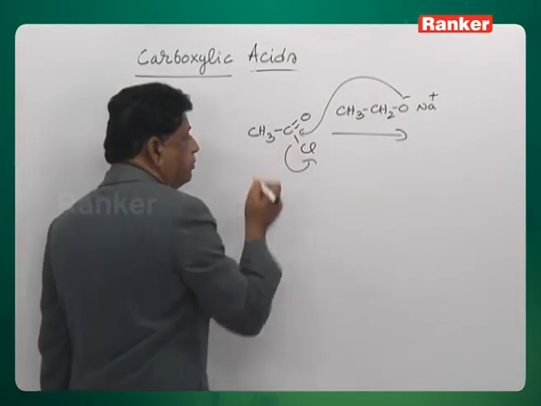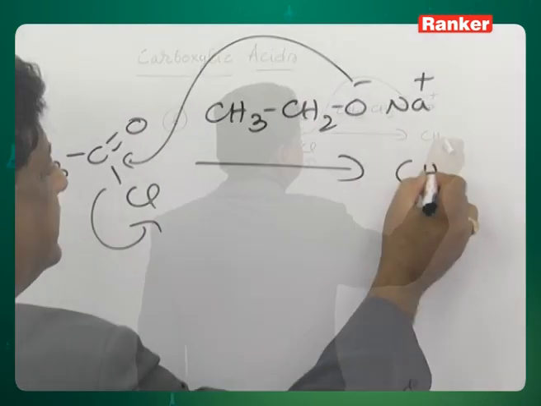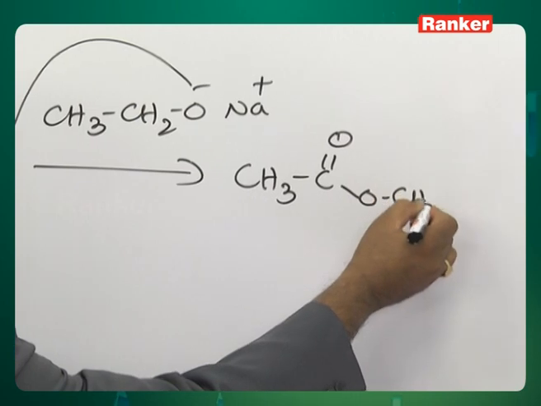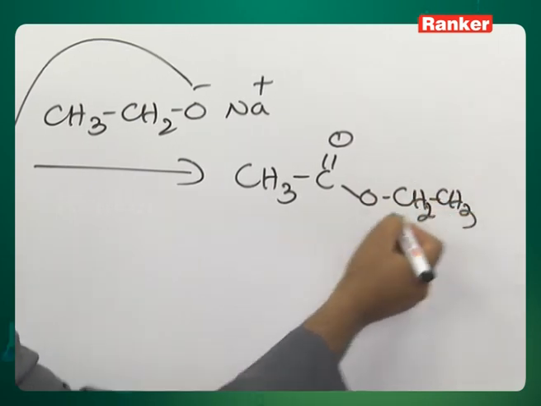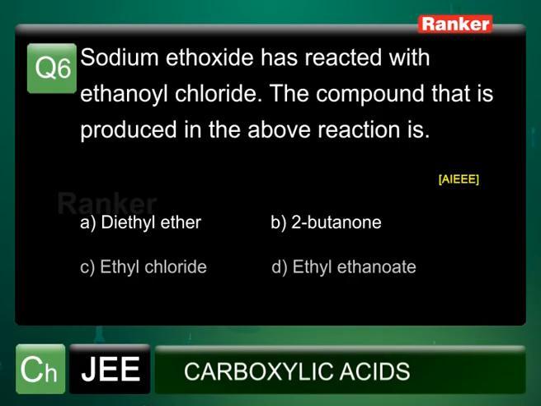It is a nucleophilic substitution at acyl carbon and will give an ester, CH3COOCH2CH3. Ethyl ethanoate or ethyl acetate is formed. This is the reaction involved. The compound that is produced in the above reaction, he is asking.